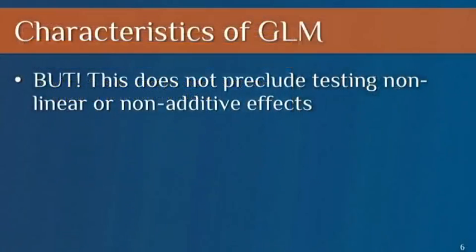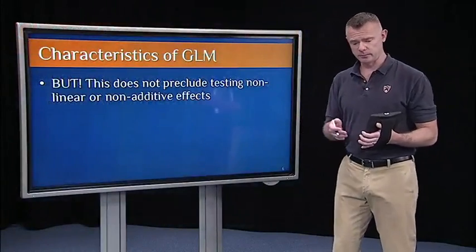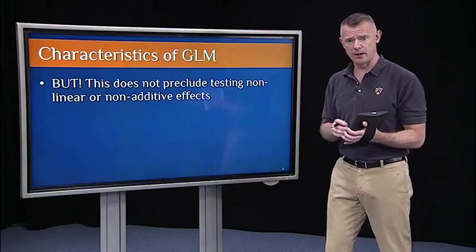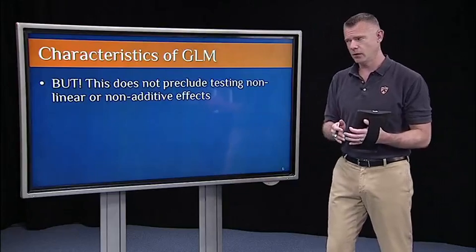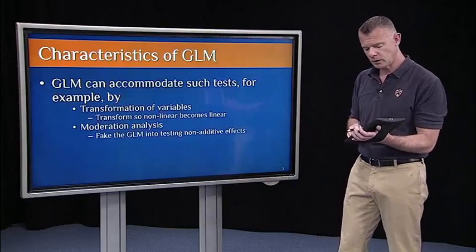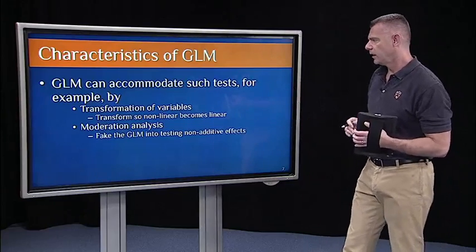We can sort of trick the GLM to test those kinds of effects for us. And that's what we're going to do next week when we do moderation, for example. We'll trick the GLM into testing for a non-additive effect or a moderating effect, or in ANOVA we'll call that an interaction. So the GLM can accommodate such tests.